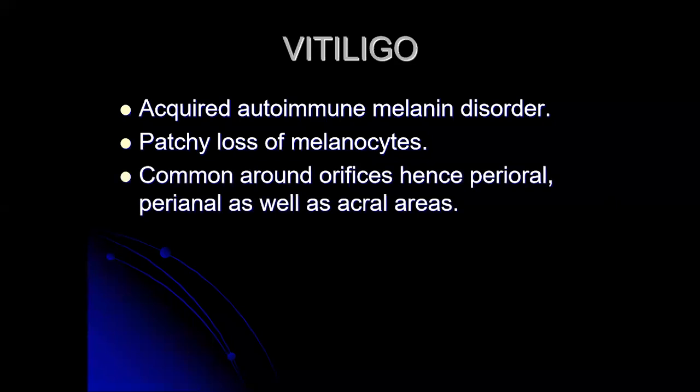The commonly affected areas are around the mouth, so perioral, around the anal region, so perianal, around orifices like the ears. So you have seen these people around the digits, around the lips. Depending on which areas are affected, also around genitalia. So you find certain areas, for whatever reason which is unknown, start losing pigment.